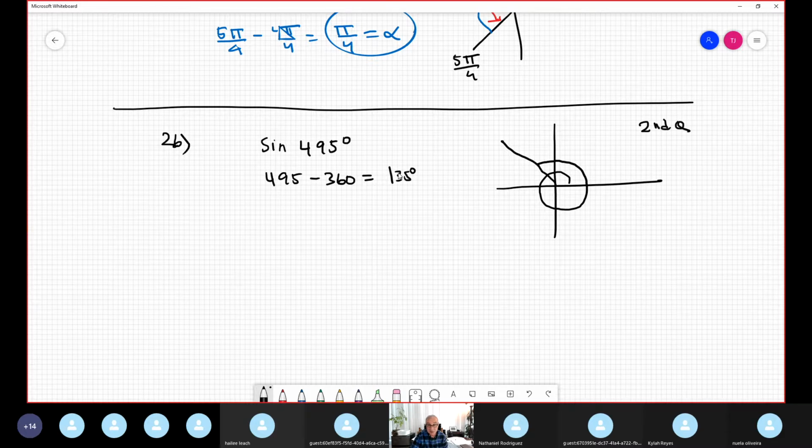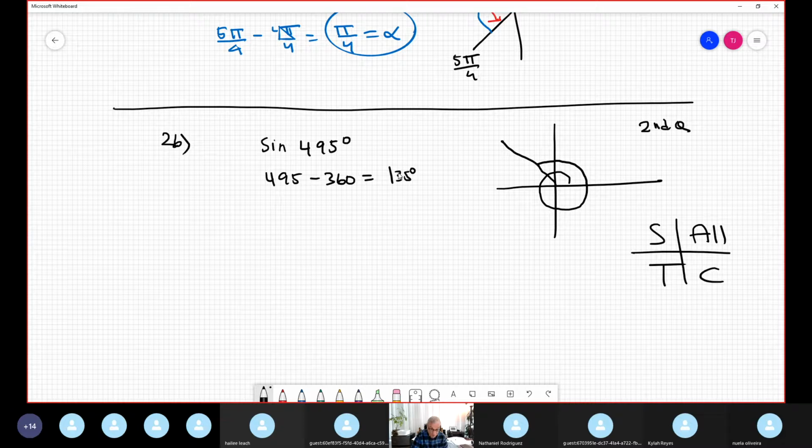By the way, I know sine in the second quadrant is positive. Remember the mnemonic, all students take calculus. That means in the first quadrant, all trigonometric functions are positive. The only one that is positive in the second quadrant is sine, and its family gets cosecant. In the third quadrant tangent and cotangent, and in the fourth quadrant cosine and secant.